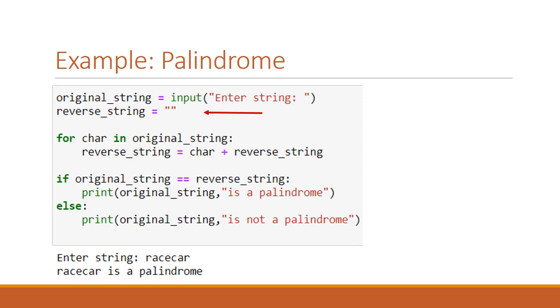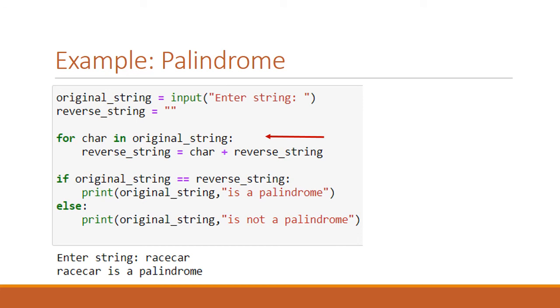Next, we're going to initialize our reverse string to the empty string. Take note that to initialize a string to an empty string, we just use either double or single quotes with nothing in between. Python provides a for loop construct that allows us to process the characters within a string individually.